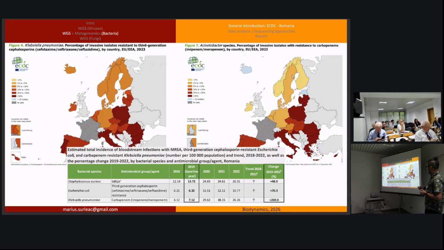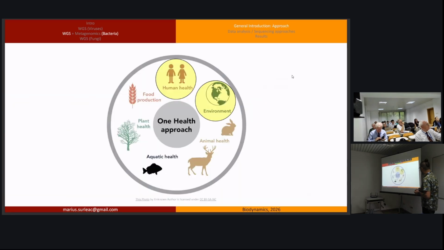And if you look at Europe, for instance, we have in the Eastern European countries high prevalence of pathogenic pneumonia, Enterobacter species. And in Romania, we can see that in the last few years, the prevalence increased with more than 200% on Klebsiella, for instance. But for other pathogens like Pseudomonas and so on, we have the same problem.